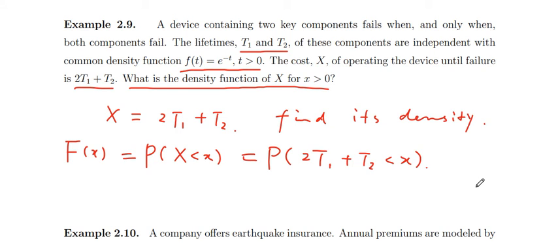So we want to find 2t1 plus t2 less than x. So this is this line. Okay, so we want to find the probability in this triangle.